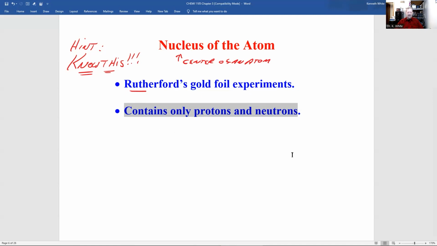The center of an atom, based on Rutherford's gold foil experiment, is very dense, contains protons and neutrons. Now, the electrons we'll learn later in this chapter are surrounding the nucleus.